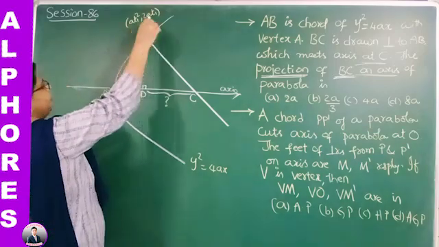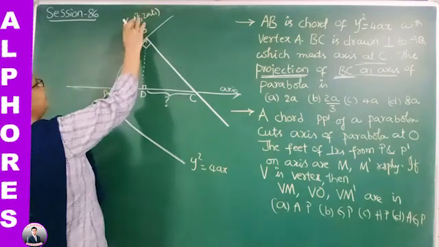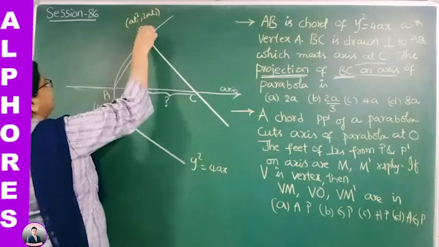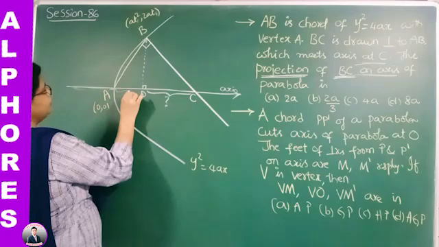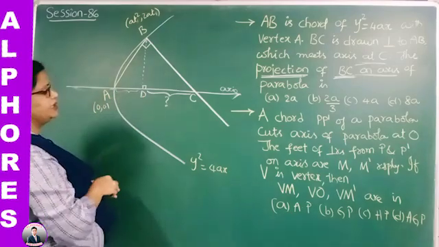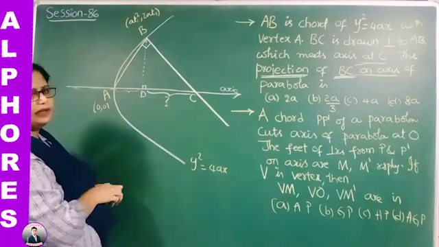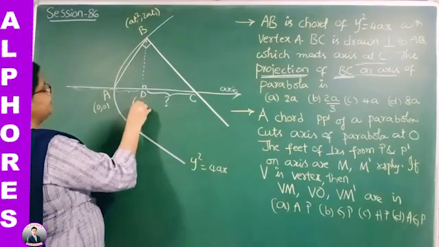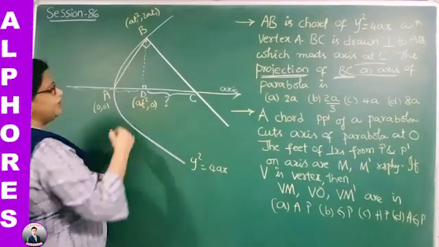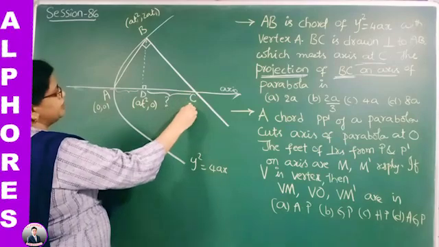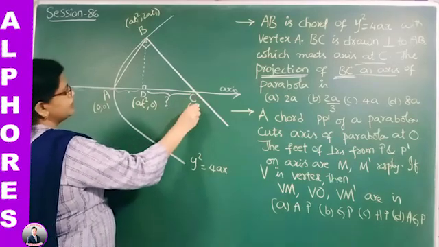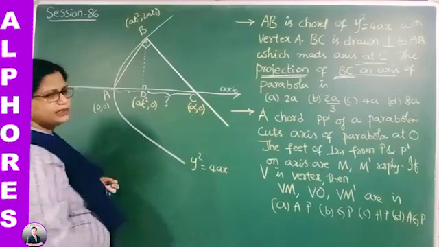Now B is (at square, 2at), so I am taking only t here. Since it is exactly perpendicular and this is the vertex, the foot D has coordinates (at square, 0). And for C, which we don't know, I am taking some value alpha on the x-axis, (alpha, 0).